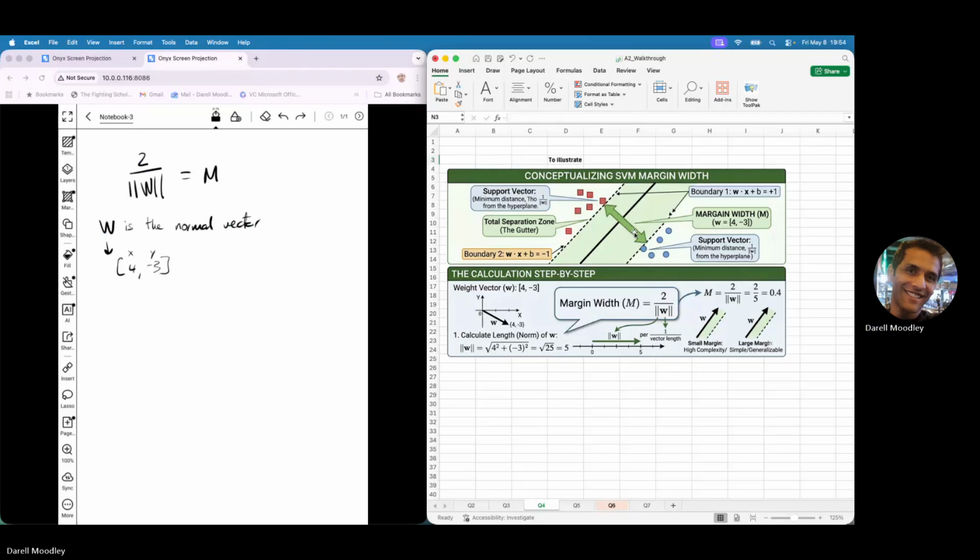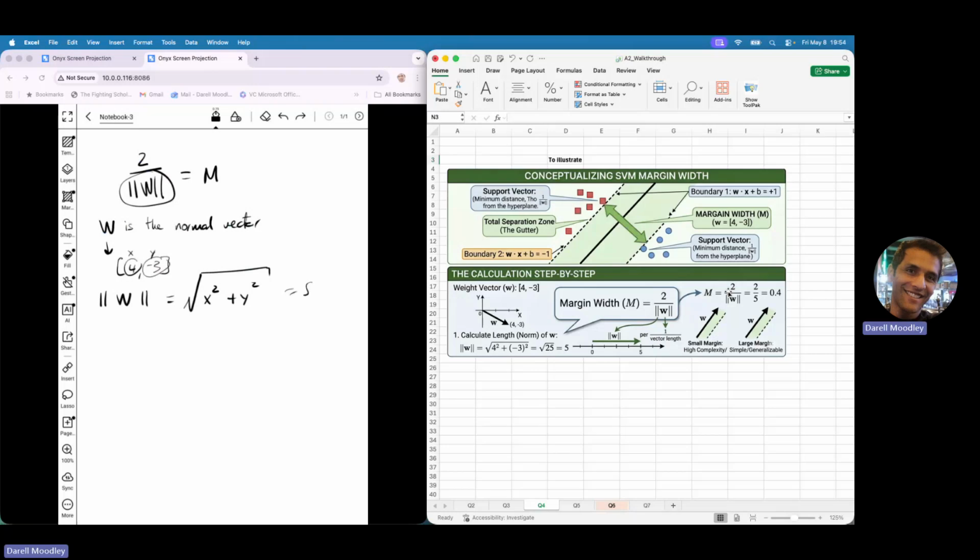To work out the norm of W, which is the denominator, we use this formula, given as the square root of x squared plus y squared. We know our x and our y. If you plug that in, you'll get an answer of 5 for this example.